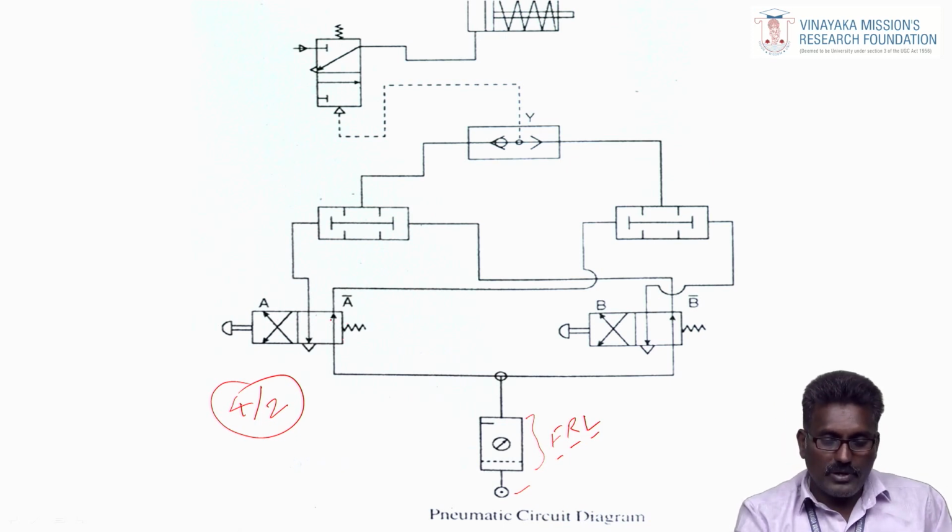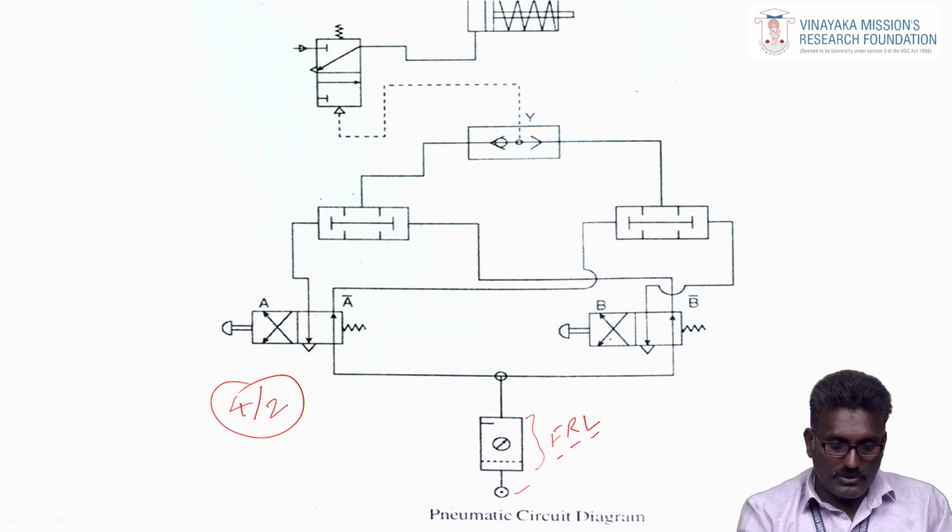It has 4 connections. And 2 positions: one is the forward position, another is the reverse position. So there are two 4/2 valves: valve A and valve B.